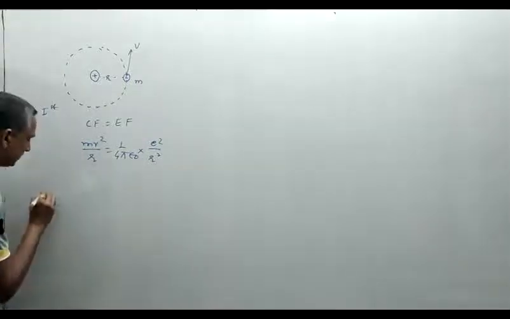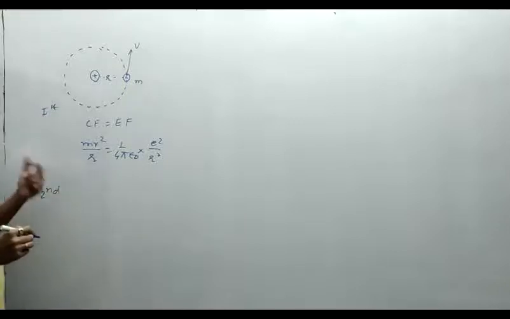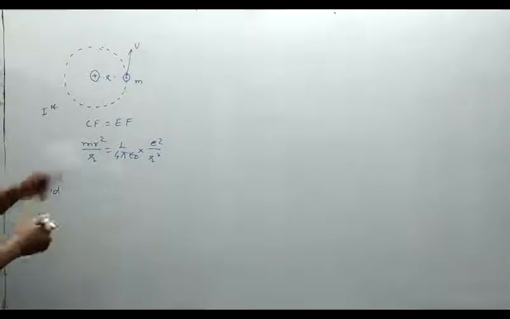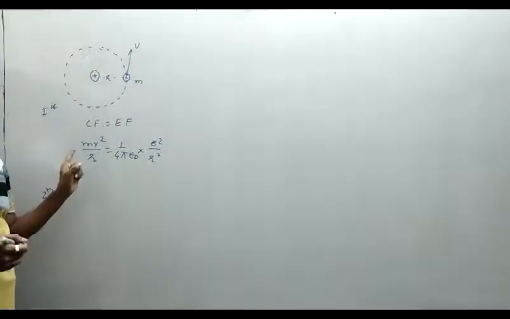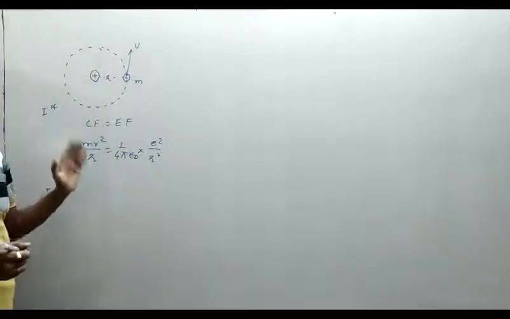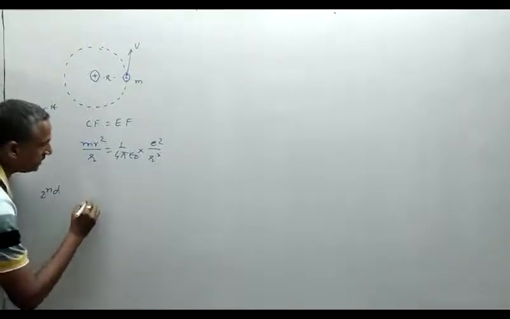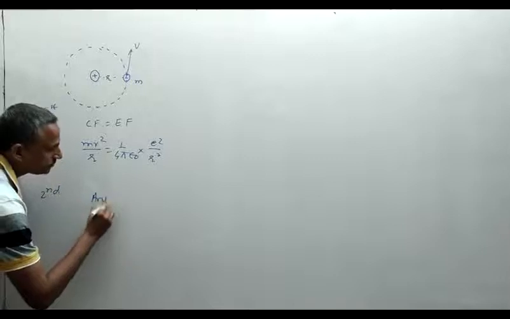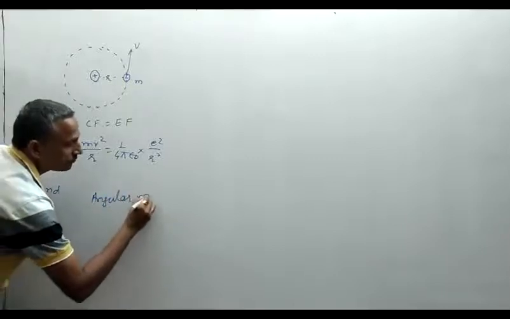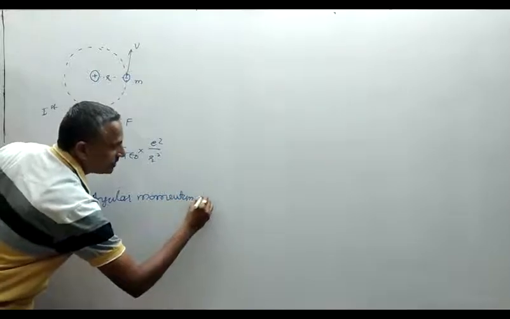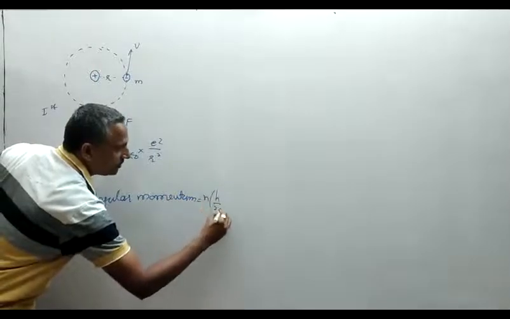Now according to the second postulate of Bohr's theory, Bohr states that the electron revolves in only those orbits having angular momentum equal to an integral multiple of h upon 2 pi. So here angular momentum is equal to an integral multiple of h upon 2 pi.